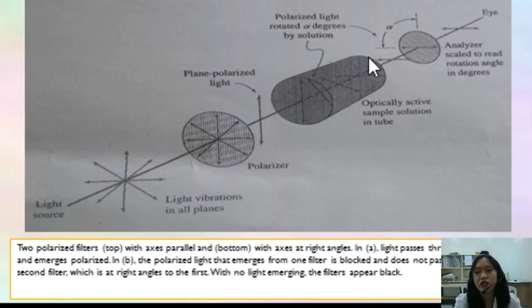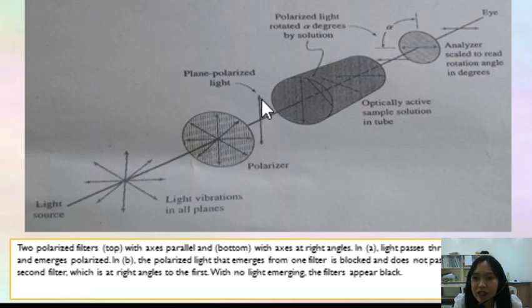So, yung solution, tinitest mo if it can rotate the plane polarized light. Dito, ang sample niya is optically active. Meaning, when you say optically active, it is able to rotate the plane polarized light.